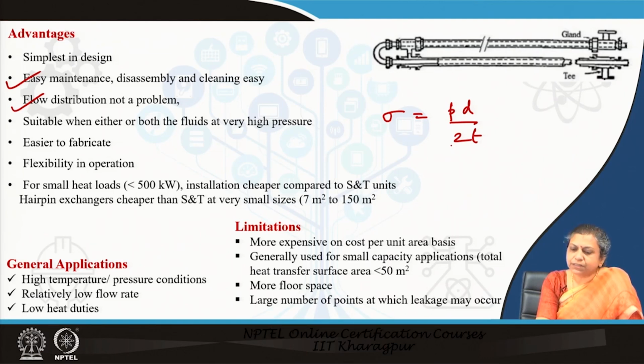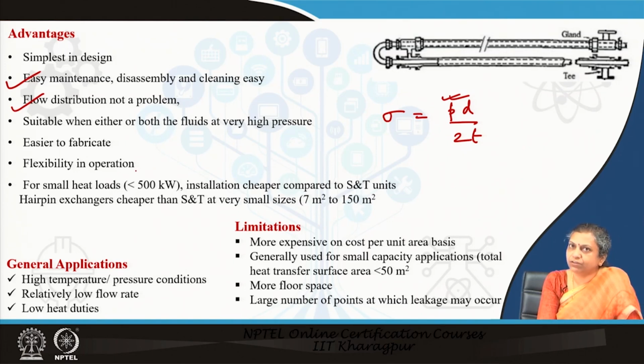Since in the double pipe exchanger both the outer pipe as well as the inner pipe are of comparatively smaller diameter, with the specified thickness it is quite natural that they can withstand a higher pressure. In fact, the specific cases where double pipe heat exchangers are used are for high pressure fluids. Naturally, it is easier to fabricate, it goes without saying.